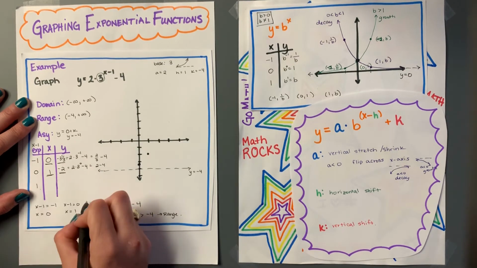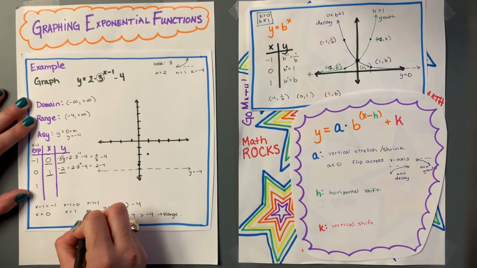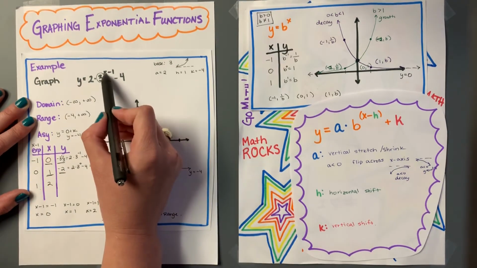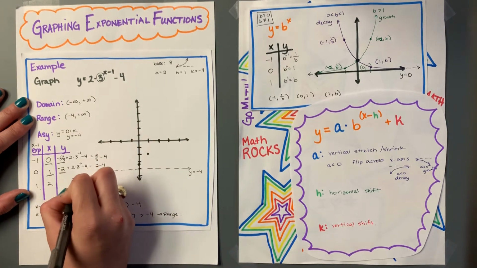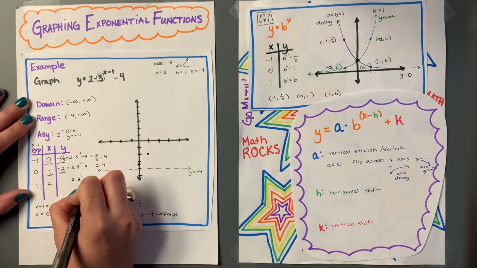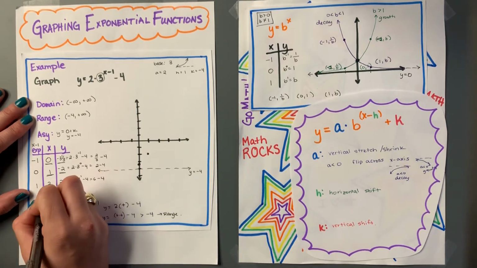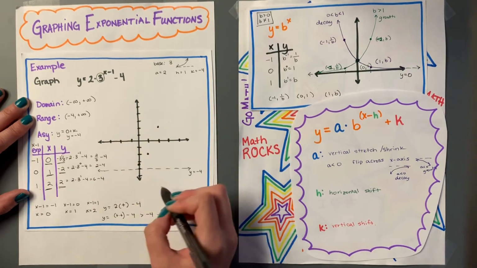And then if I want my exponent to be 1, I should plug in 2 for x. 2 minus 1 is 1. So this gives me 2 times 3 to the 1 minus 4, which is 6 minus 4, or 2. So now I have the point 2, 2.